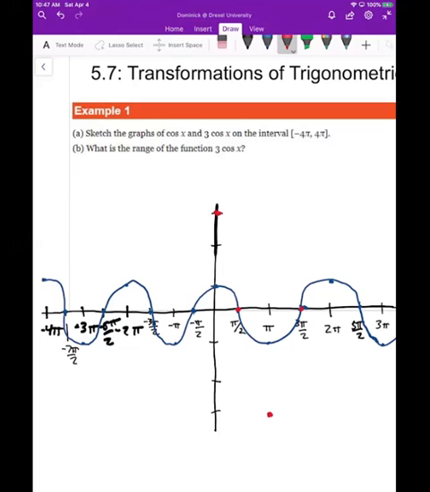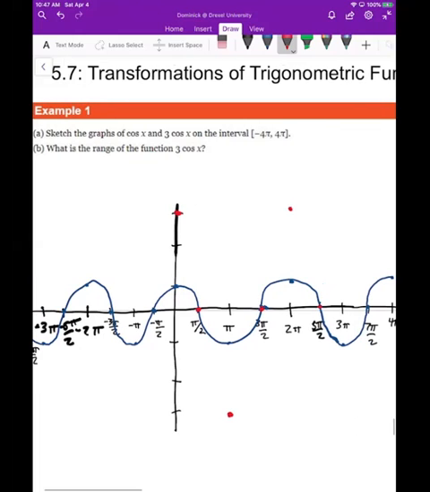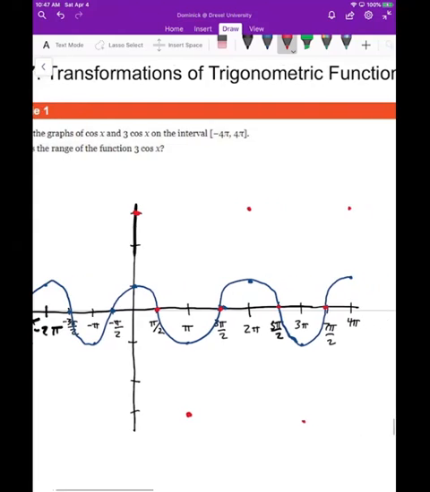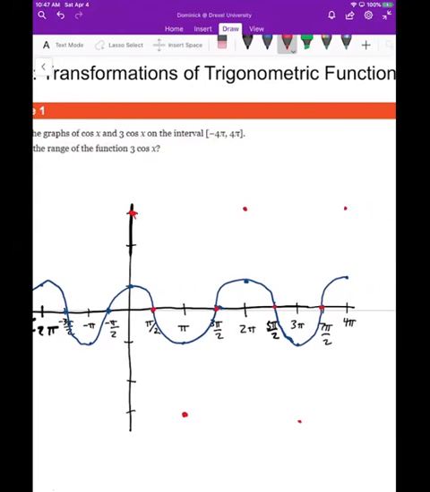So what's happening is that everything is being multiplied by 3 in this step. So the right side of the graph will look something like this. Everything is being stretched by a factor of 3 here.